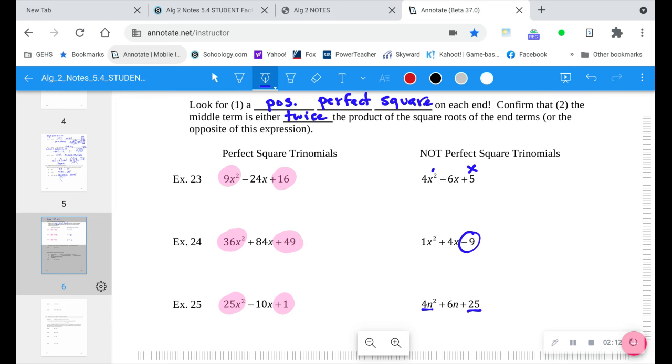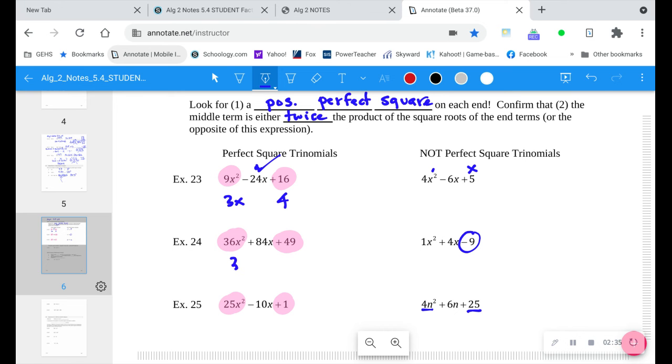Let me show you on this first example. 3x is the square root of that one, and 4 is the square root of that one. When you multiply those, you get 12x. You double that, you get 24x, and we can have in the middle either the 24x or its opposite. So this one's good.